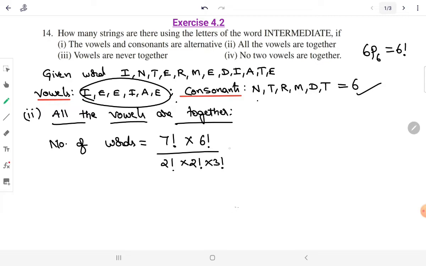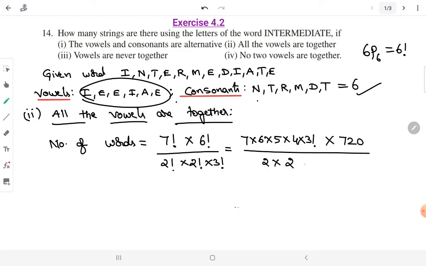Now 7 factorial, what is 7 factorial? 7 into 6 into 5 into 4 into 3 factorial into 6 factorial, which is nothing but 720, 6 into 5 into 4 into 3 into 2 into 1, divided by 2 factorial is 2. Again one more 2 factorial is 2. 3 factorial, you just leave it as 3 factorial. So clearly 3 factorial gets cancelled.